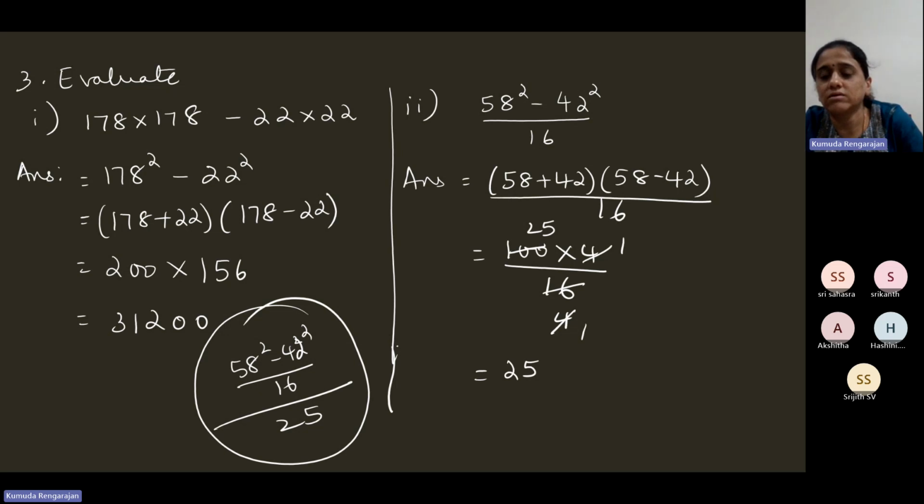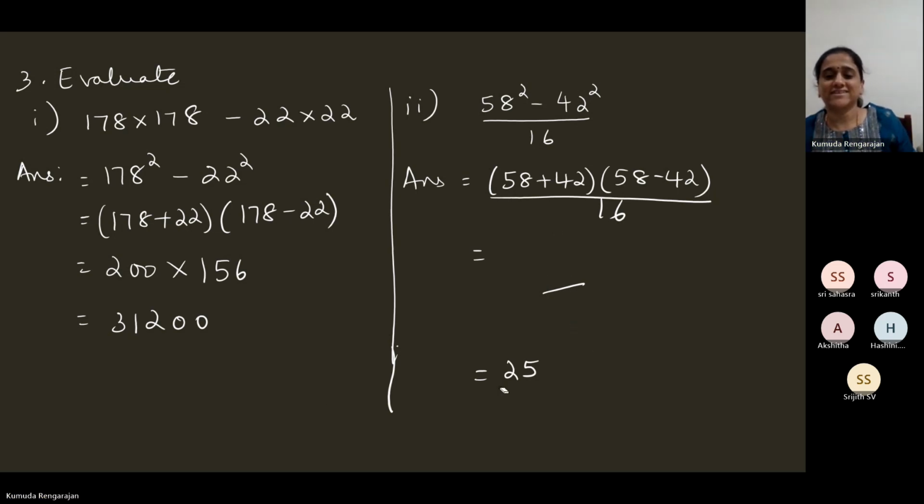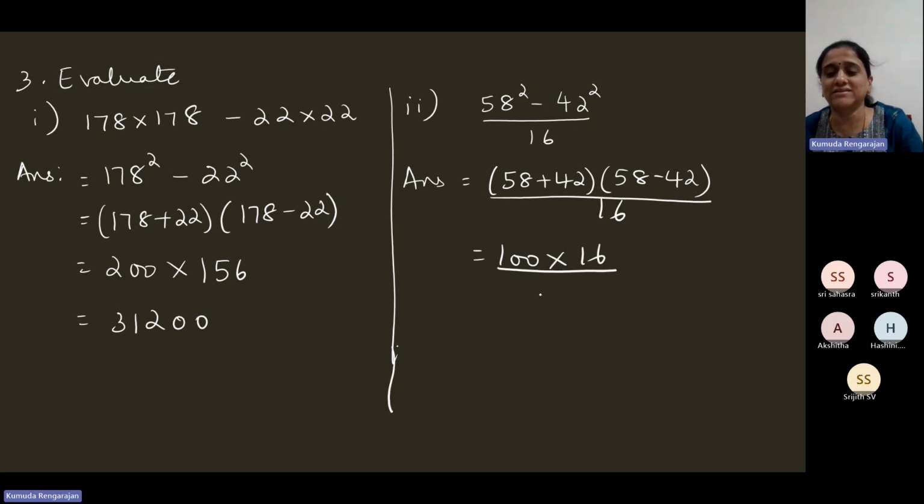Oh, Shrikant, you misled me. 100 into what is 58 minus 42? 16. The children here are telling me that I'm wrong. I stressed it. 58 minus 42 is 16.